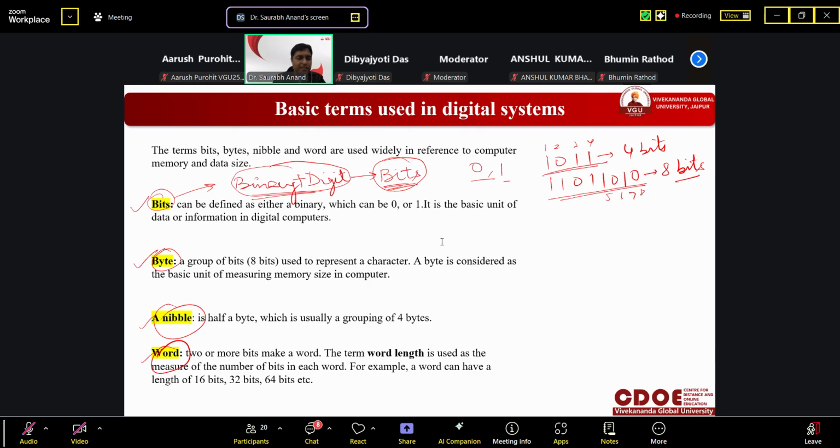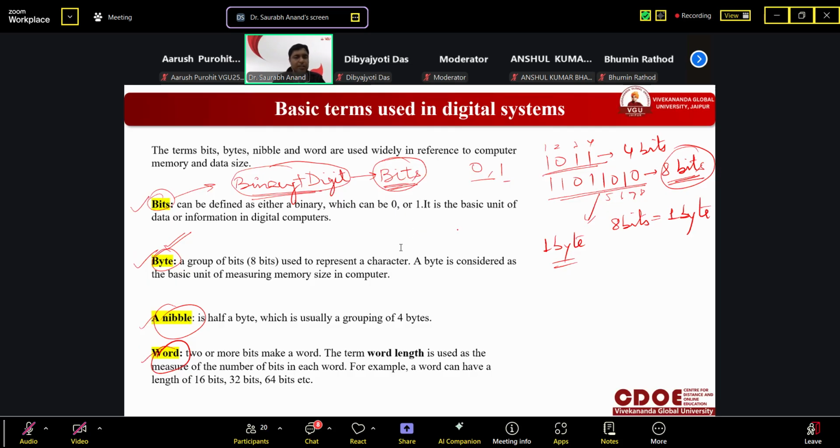And what is byte? Byte is the combination of 8 bits. So 8 bits is equal to 1 byte. We can say this as 8 bits or 1 byte. Either you use 8 bits or 1 byte. Clear?